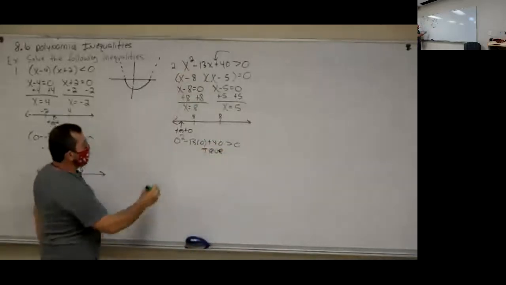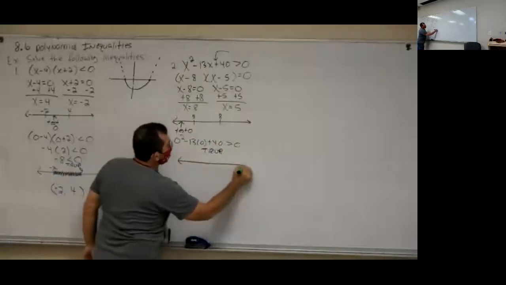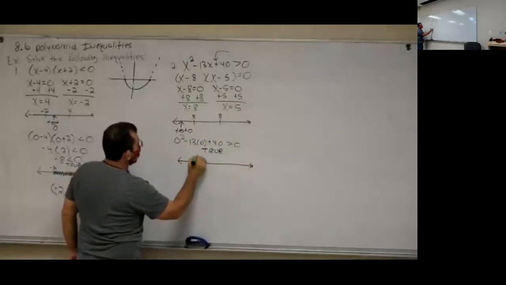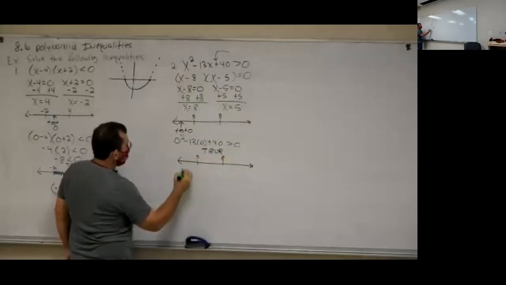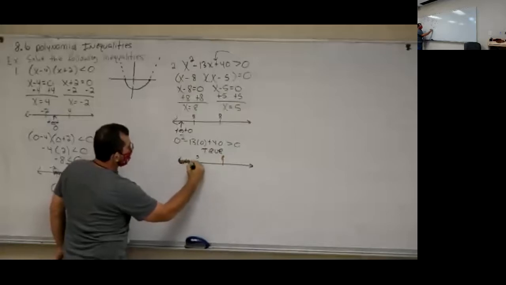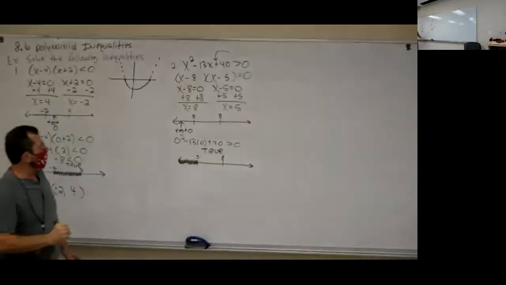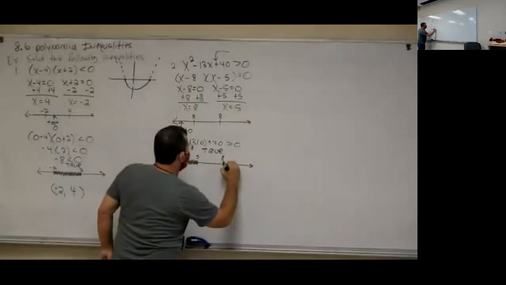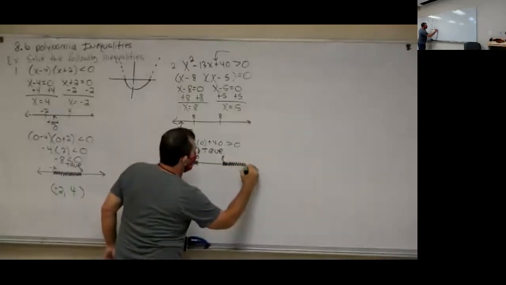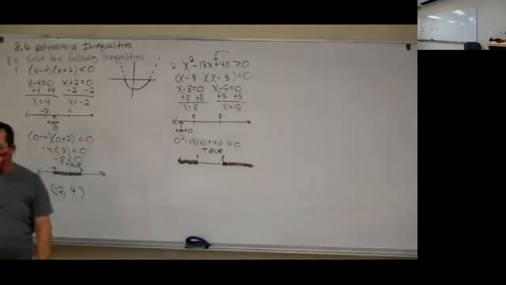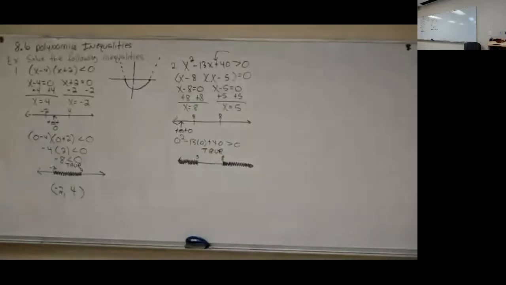So since that's true, I'm going to shade that section where the 0 was located. 0 was located in my first section. Since I shaded the first section, I skip the middle section and I shade the last section. So now all we do is put this in interval notation.